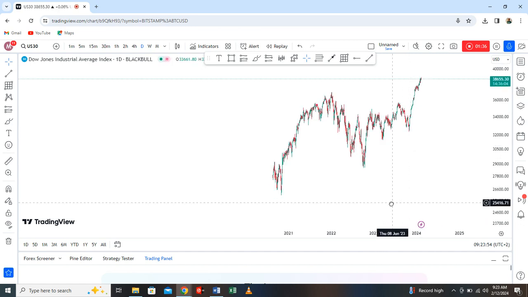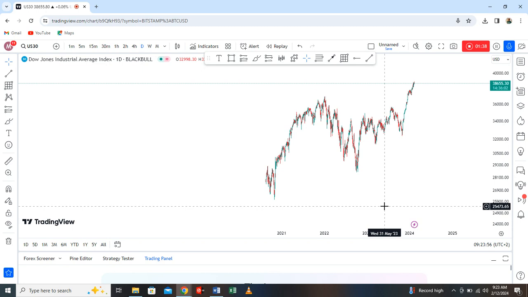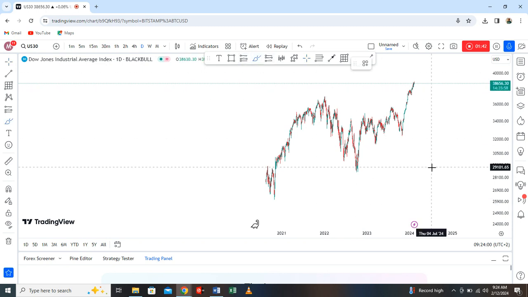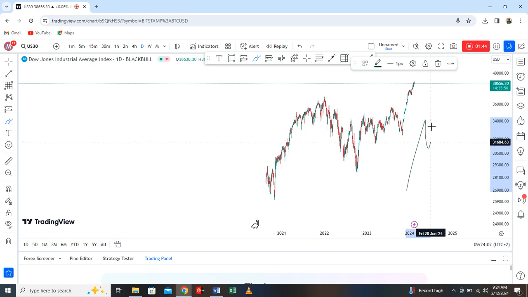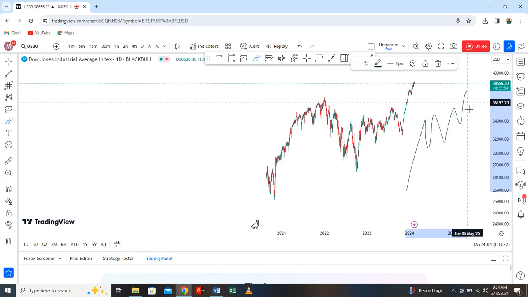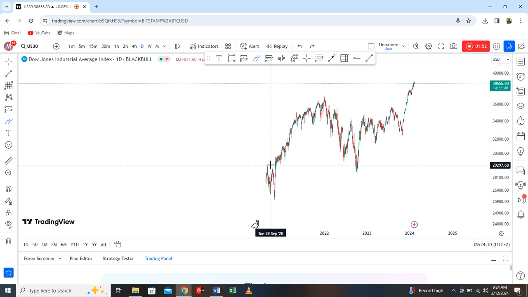But remember that price doesn't move straight to the upside. It moves something like this, so we should also target the sell positions, because the market doesn't move in a linear way.